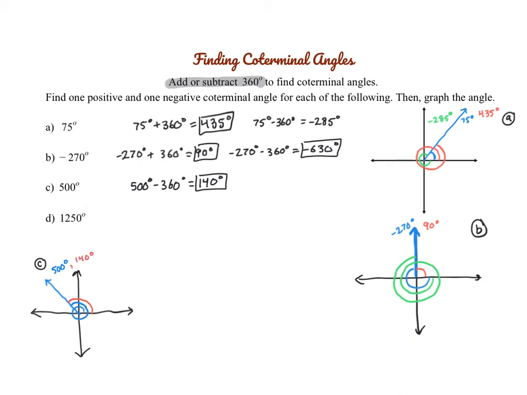And then let's find a negative coterminal angle. I'll work with 140, and from that I will subtract 360. And we get negative 220 degrees. Again, we can show that just by moving our arc in that negative direction.